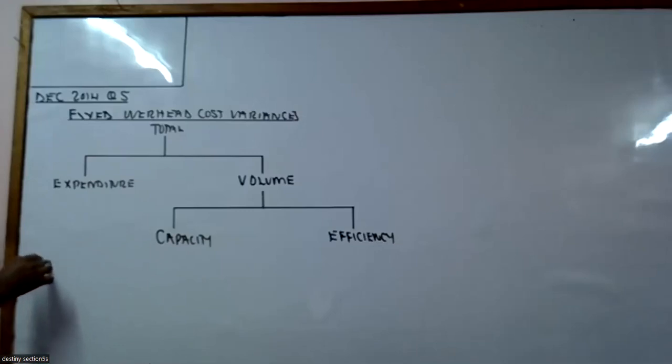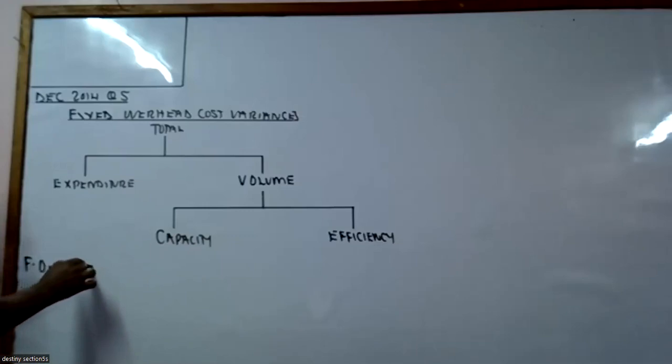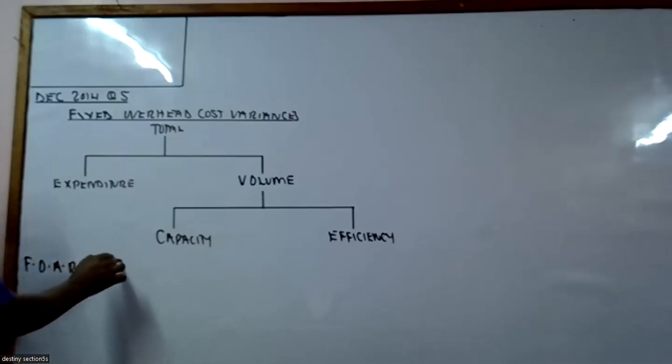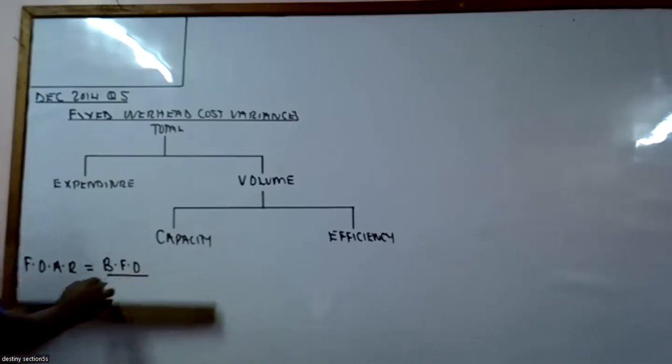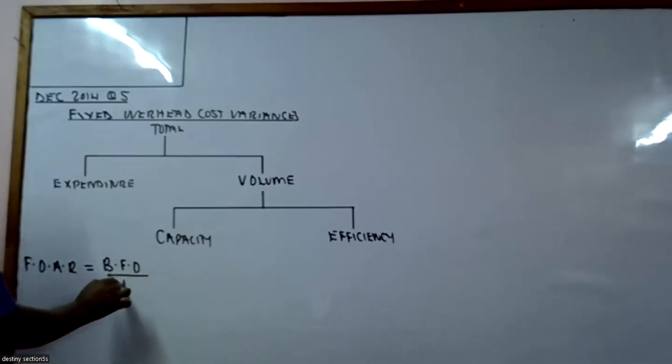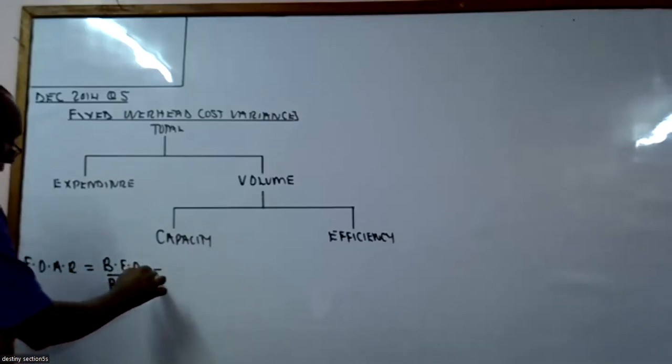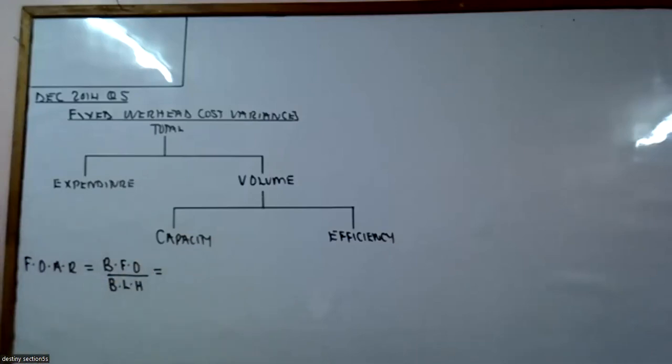One is called the fixed overhead absorption rate. The fixed overhead absorption rate is given as budget fixed overheads divided by budget labor hours.